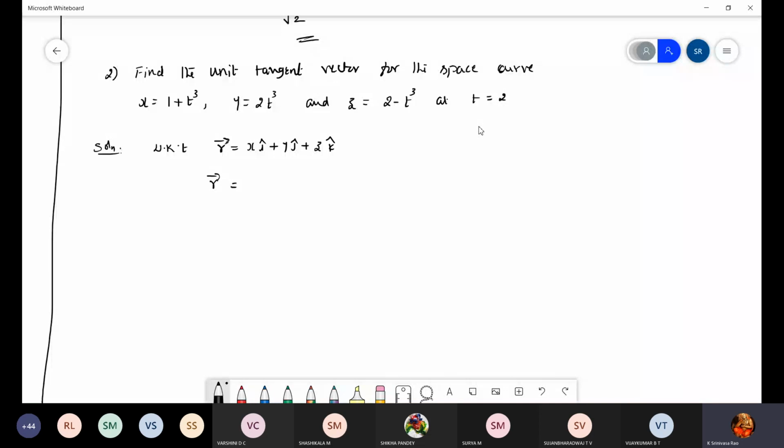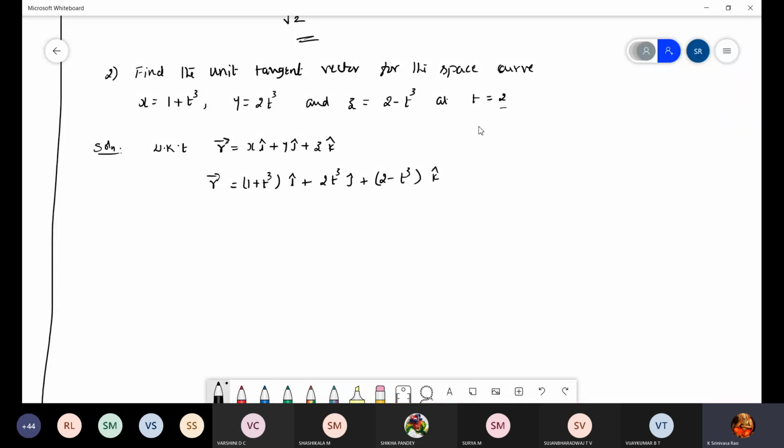So r equals (1 plus t cube) i cap plus 2t cube j cap plus (2 minus t cube) k cap. The point is also given, but you should not substitute the point now because I want to differentiate. If you substitute t equals 2, it becomes constant, and differentiation of a constant is 0.